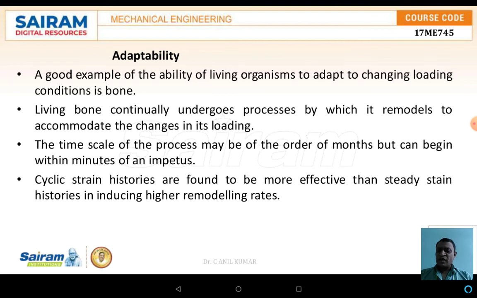The time scale of the process may be of the order of months, but it can begin within a minute of an impetus. Cyclic strain hysteresis is found to be more effective than steady strain hysteresis, including higher remodeling rates. The best example for adaptability is the bone.